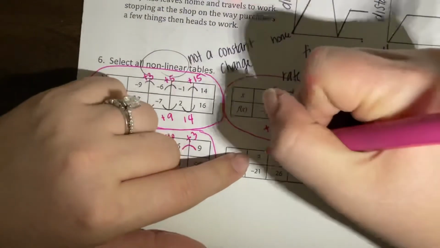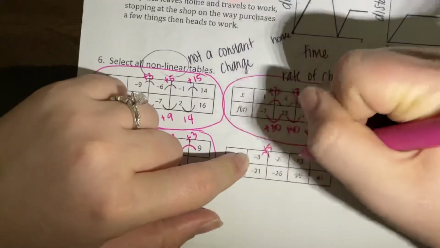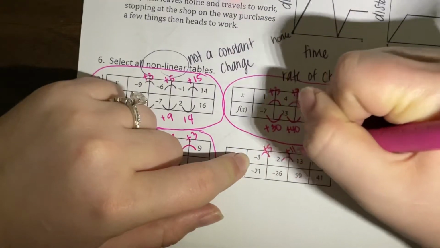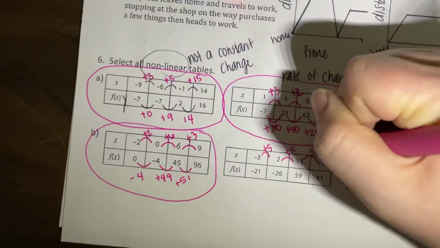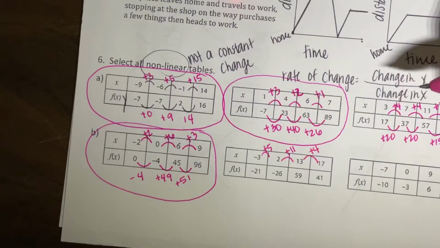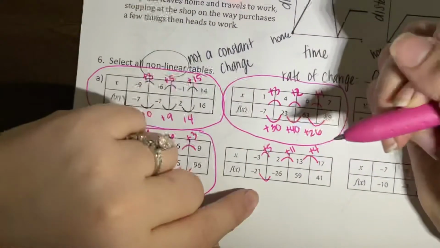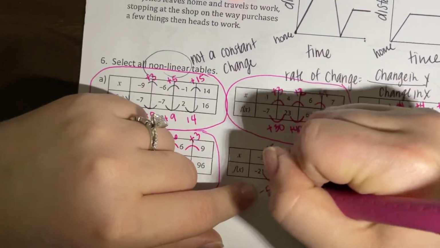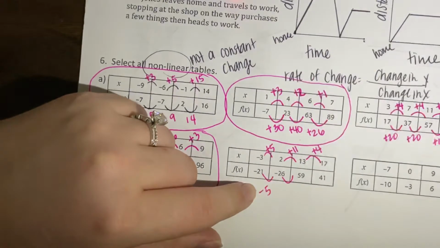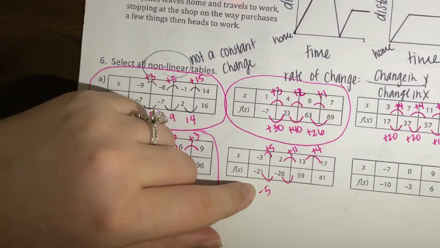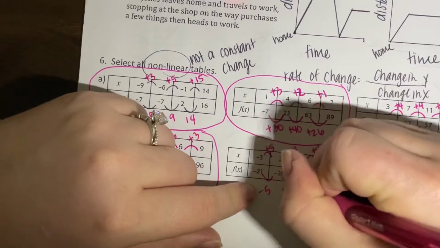-3 to 2, that is +5. 2 to 13 is +11. 13 to 17 is +4. 21 to 26, that's -5. It's getting more negative. 26 to 59, that's +85.